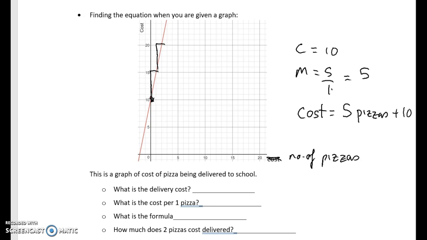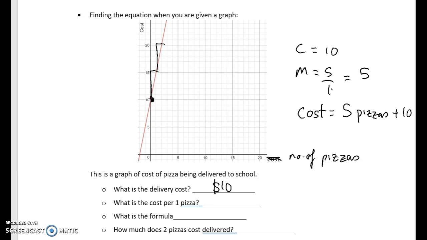Now, what do you think it cost just to deliver? In other words, if I hadn't bought any pizza at all, if they were just going to drive to my house, where am I starting before I even bought? I'm starting at $10. Can you see it starts at 10 over there? So that must be my delivery cost.